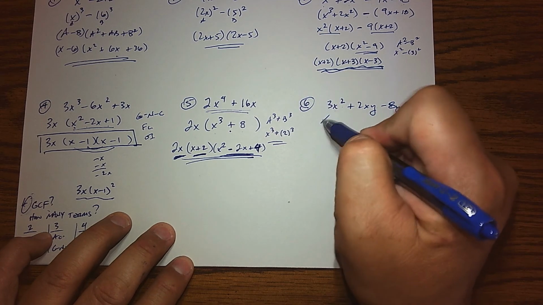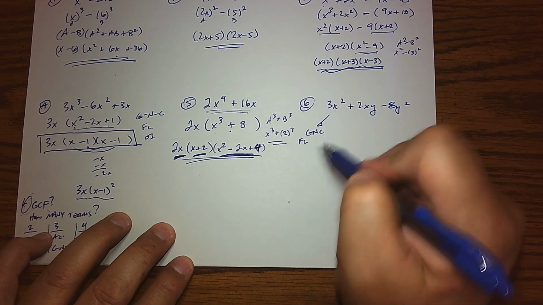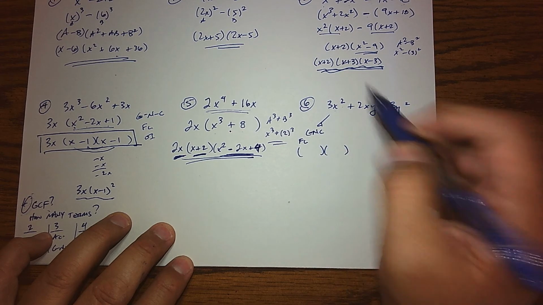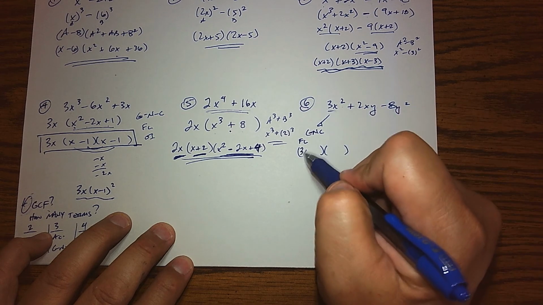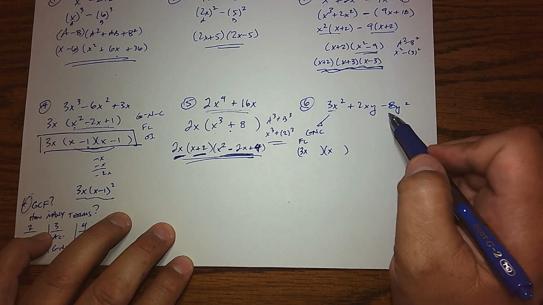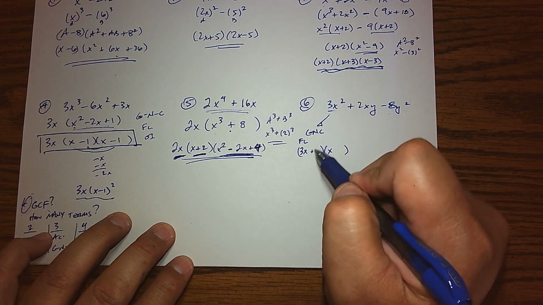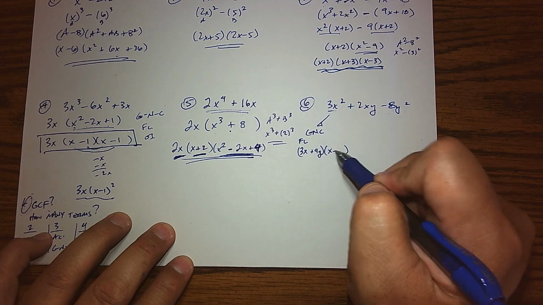So if you're a guesser and a checker, here's what you're thinking. My GNC people are probably thinking, okay, my F and my L, what times what gives me a 3x squared? Well, how about we try 3x and x? And then what times what gives us a negative 8y? And so perhaps how about a positive 4y and a minus 2y?